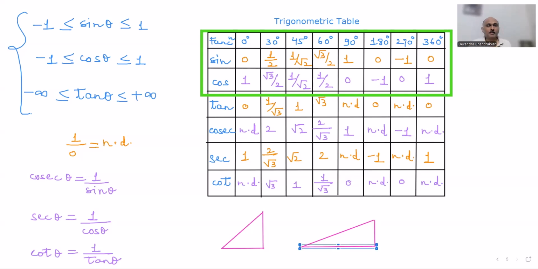Okay. So this is 30 degrees. This is 60. This is 90 degrees. This is 45. This is 45. And this is 90 degrees.